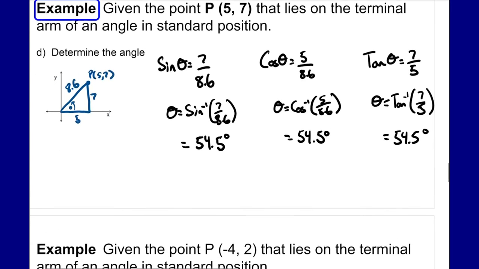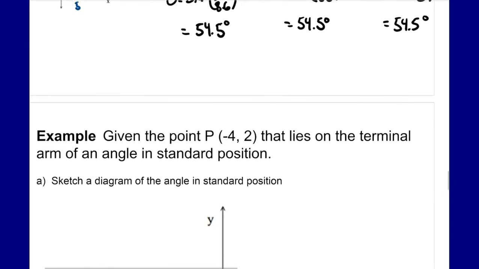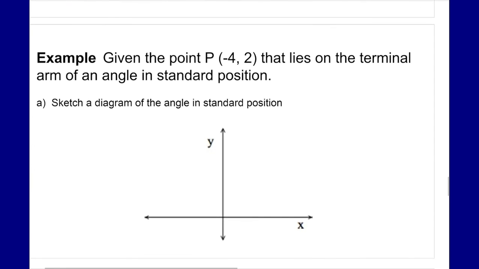Let's look at one more example, except now we're going to look at a point in a different position. So here we have the point (-4, 2) that lies on the terminal arm of an angle in standard position.